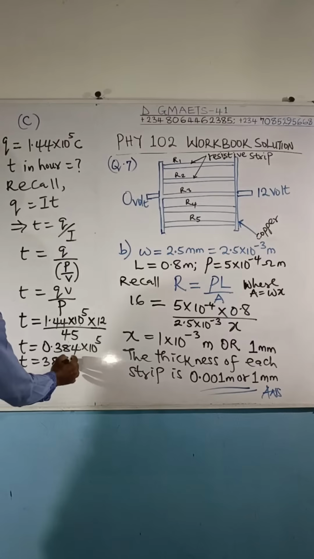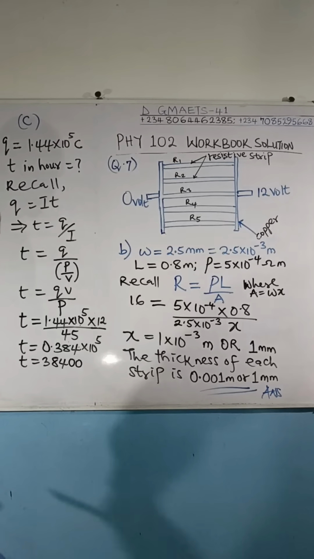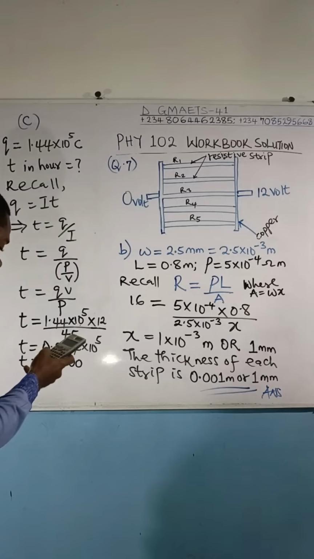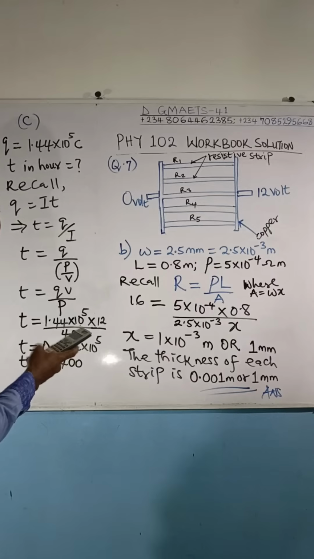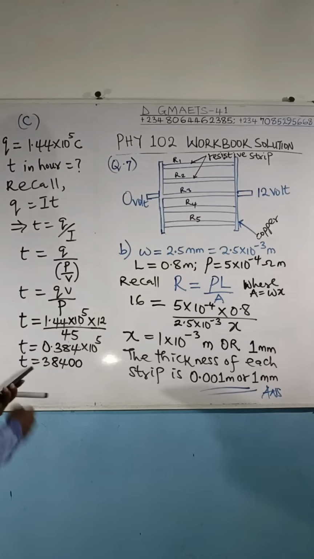So that's meant to be 0, 0, 0, 0. You can always press that straight with your calculator: 10 raised to the power of 5 multiplied by 0.384. And then you will get 38,400 as I have here.